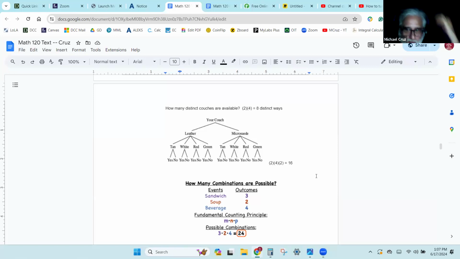There are 3 different sandwiches to choose from, 2 different soups, and 4 different beverages. So we just multiply that. 3 times 2 is 6, and 6 times 4 gives us 24. So there would be 24 different sandwich, soup, drink combinations here.